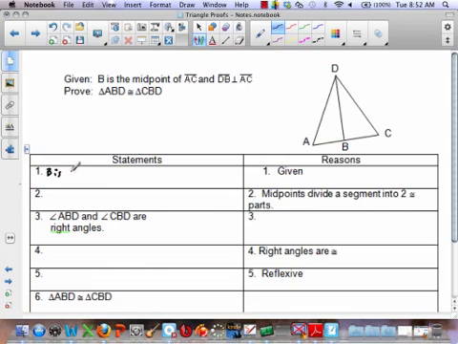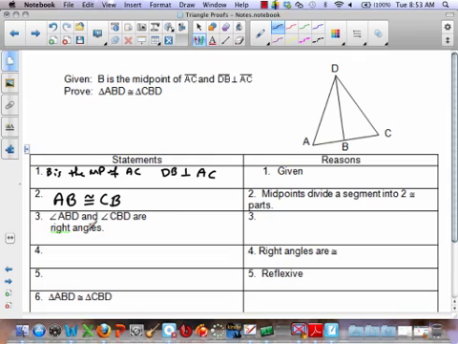So B is the midpoint of AC, and DB is perpendicular to AC. Okay, guys, what does it mean to be the midpoint? That the distance from each side is the same. So that's saying AB is congruent to CB.